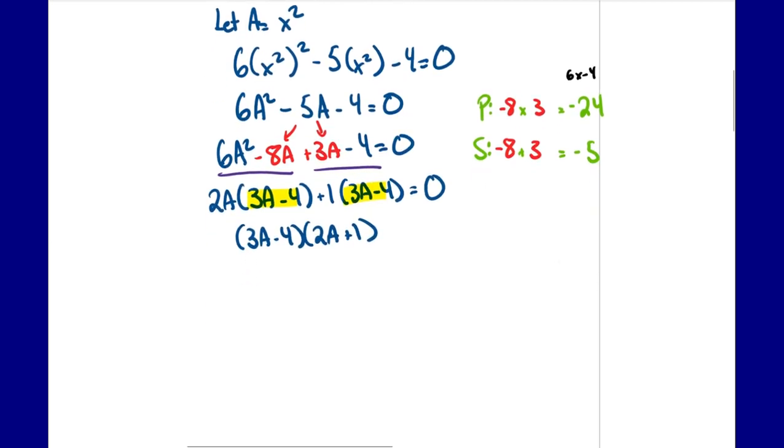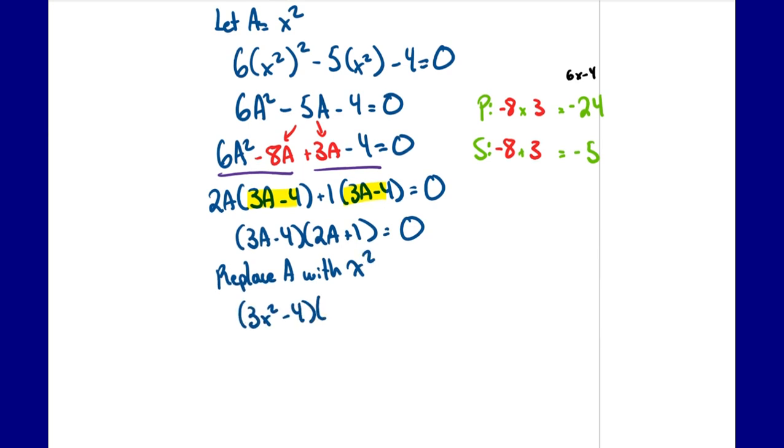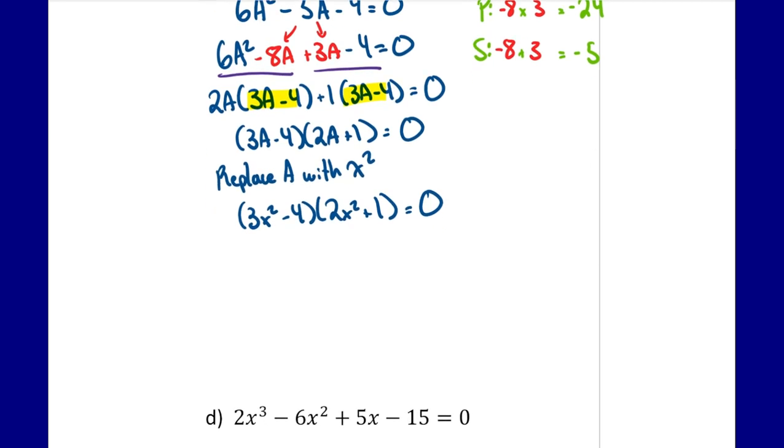And now we're going to replace a with x squared. So now we're going to bring it back in. So we get 3x squared minus 4 times 2x squared plus 1 equals 0. Now that we've factored it, we can set each bracket equal to 0.